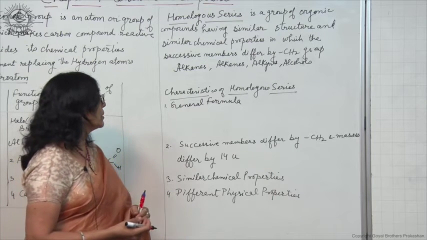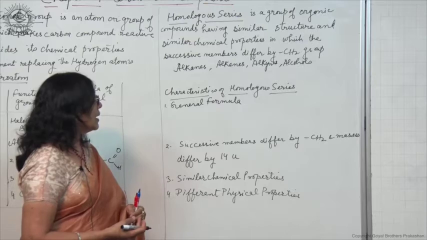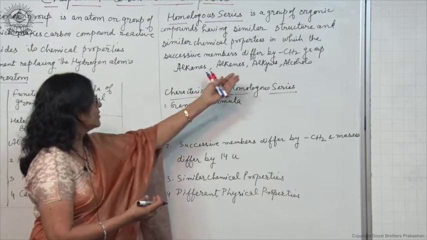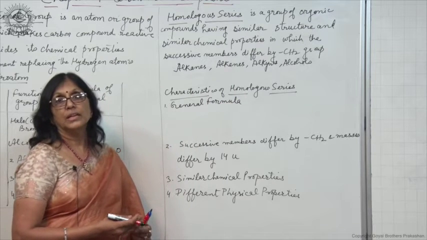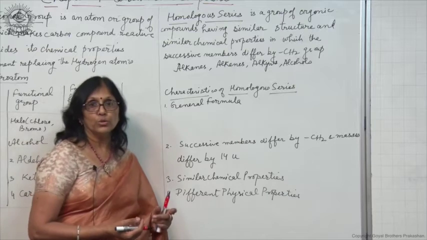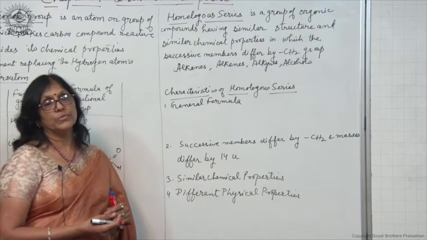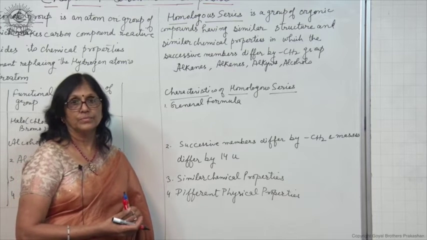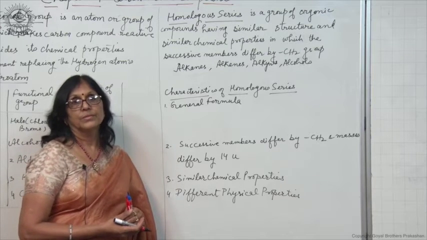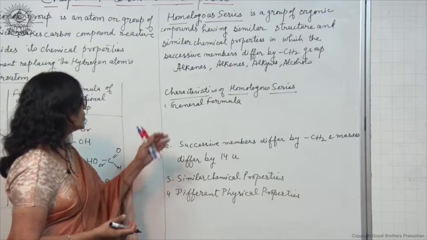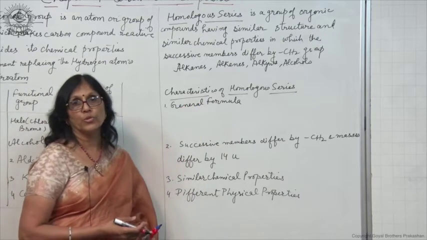But this is very simple, and it will become very easy to write various alkanes, alkenes, alkynes, alcohols, aldehydes or carboxylic acids. Simply we need to know the number of carbon atoms present in that compound. We can write the formula of that compound of a particular homologous series. So, for this we should know about the characteristics of homologous series.